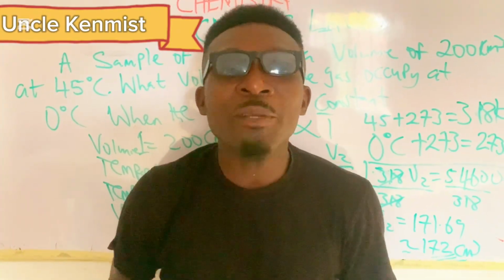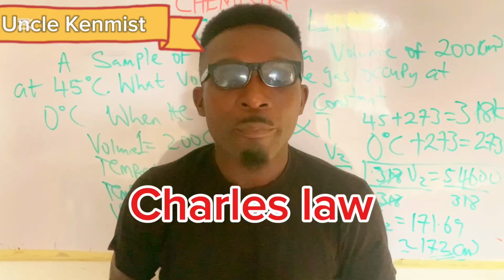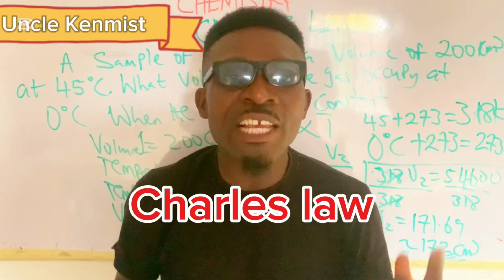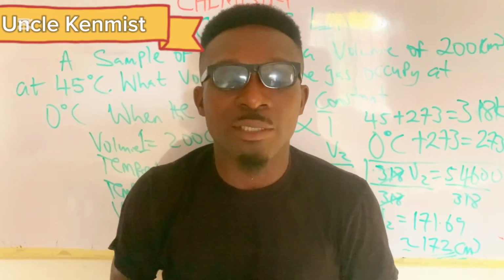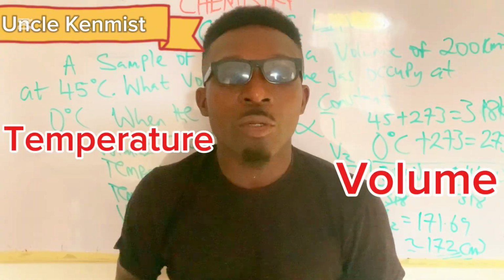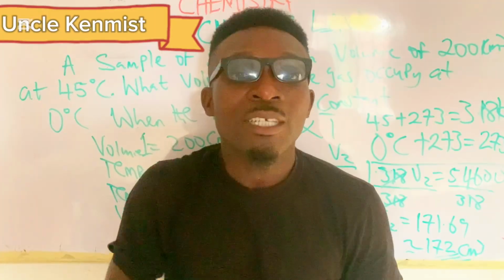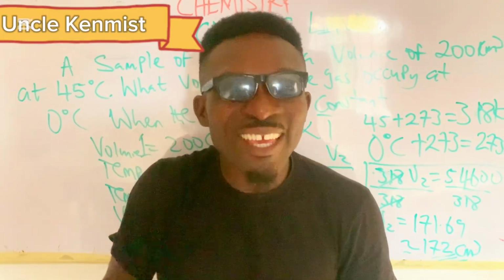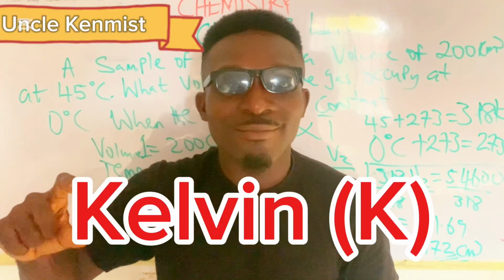Next, we will be talking about Charles' law. Charles' law is dealing with two major parameters, and they are volume and temperature. But do not forget, the temperature must be in Kelvin.